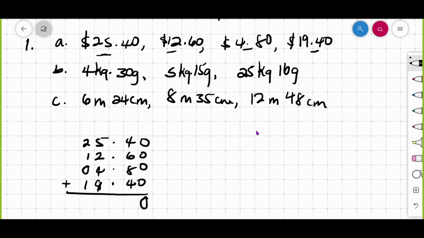Okay, 12 and 6 and 4 would be 10. So 12 and 10 would make what? 22. I'm going to write 2, keep my decimal point, and carry 2. So we have 9 here. 9 and 4 is 13. 13 and 2 is 15. Okay, so 15 and 5.